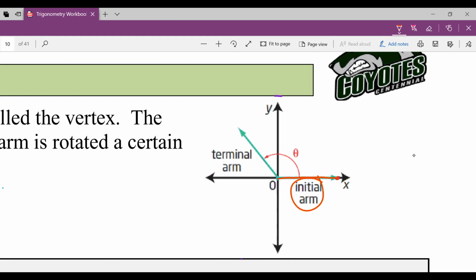And if you can imagine that we move this line up and we're sweeping an area here, and we keep going up and up until we come to the angle that we want, and that there's this arc being formed. Now that doesn't look like a triangle. This sure does. And so where the arm of this shape ends up now is going to be called the terminal arm. So there's an initial arm and there's a terminal arm, which together creates an angle.